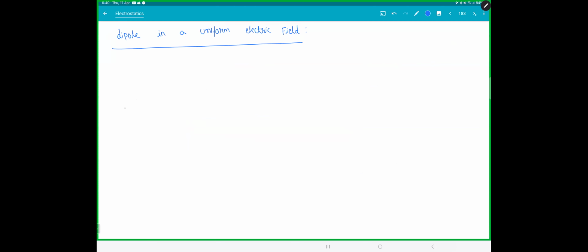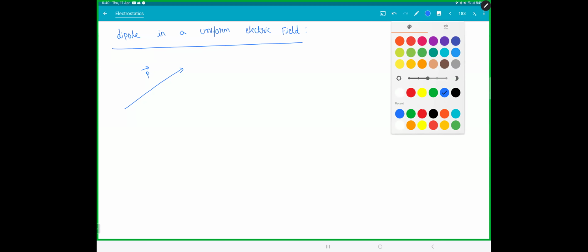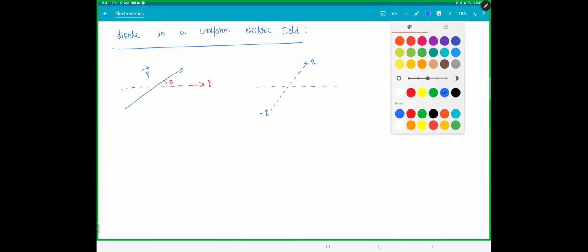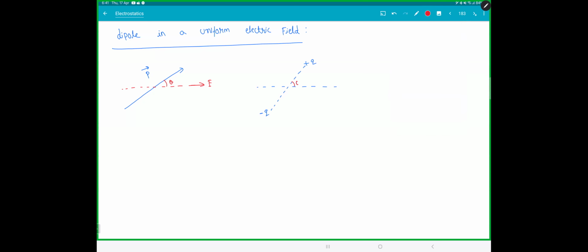So if you take a dipole, P bar, and let's say this is your field E bar, and let's say this angle is theta. So this is nothing but plus q, minus q with a distance like this. So this angle is theta.